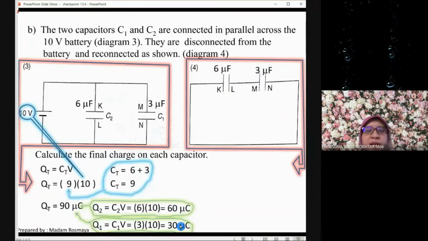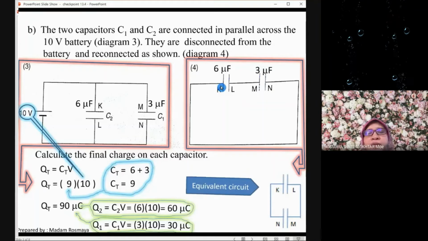So this is not the answer. You need to calculate the voltage first across them, and then the total capacitance, and then the individual charge.